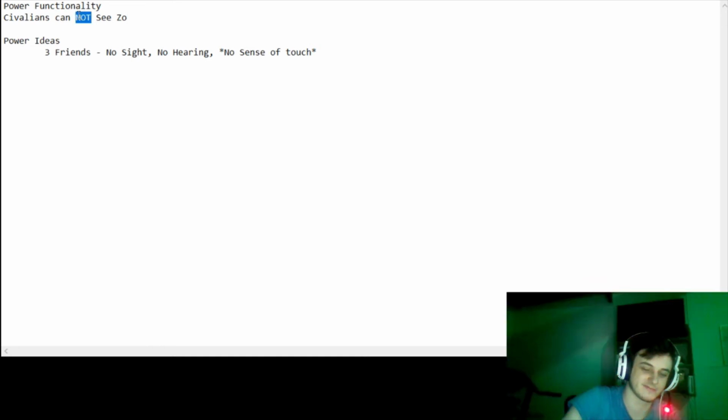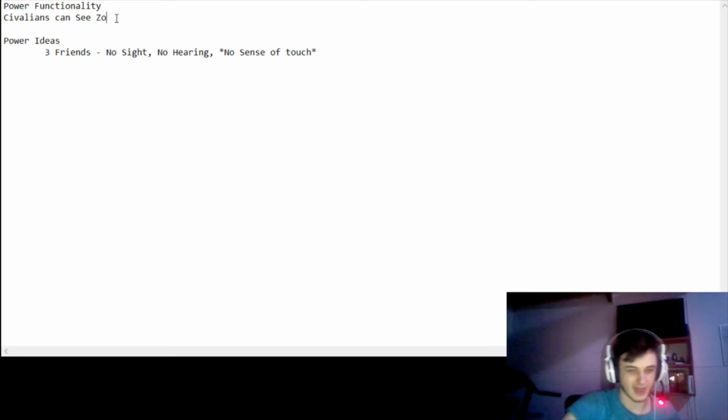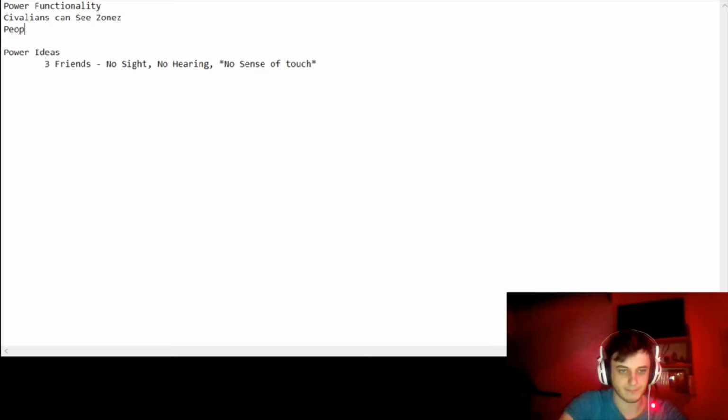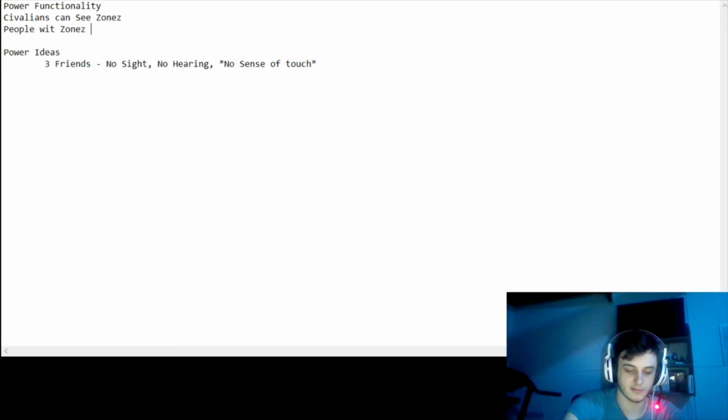Civilians can see. It wasn't supposed to be a stupid plot twist. No. Civilians can see zones. People with zones can not see zones.